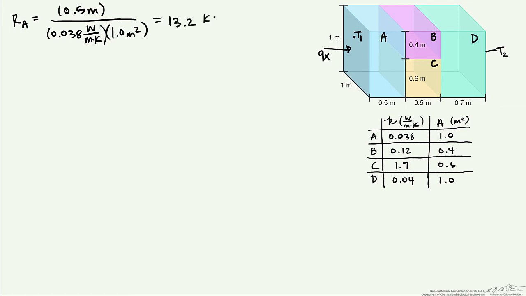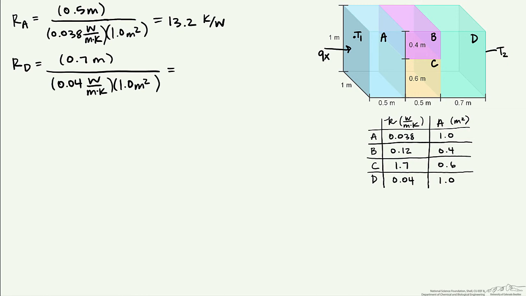And this is going to equal 13.2 Kelvin per watt. Our RD we'll calculate the same way. So its resistance is 17.5 Kelvin per watt. However, now we're going to have to put an equivalent resistance for B and C.